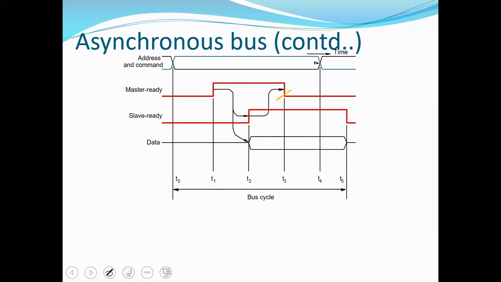No more searching of other devices is required, so the address and command signals are removed. Once the master ready signal is down, the slave completes its operation within the next two clock cycles and comes down. So the slave ready signal also comes down, and that is the end of this read operation.